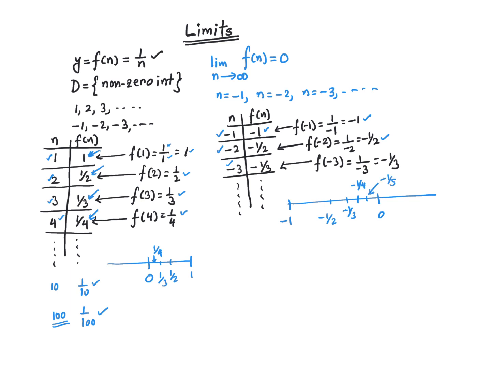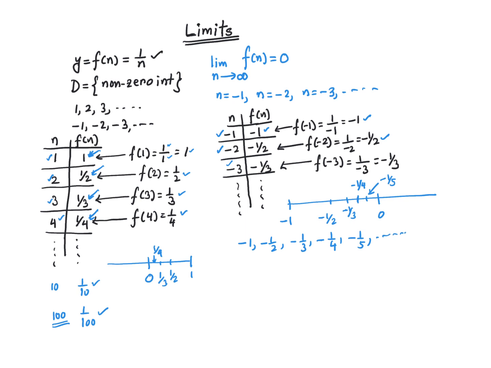So if you look at this sequence of outputs, or sequence of function values, you start from negative 1, negative 1 half, negative 1/3, negative 1/4, negative 1/5, and it keeps going.